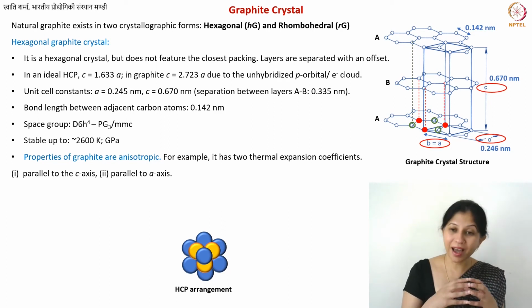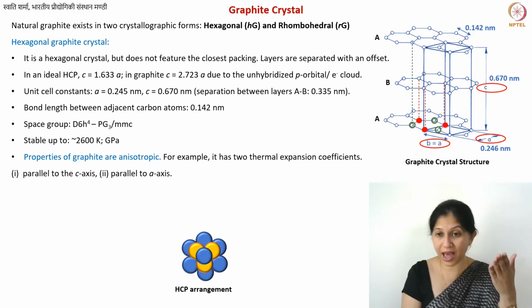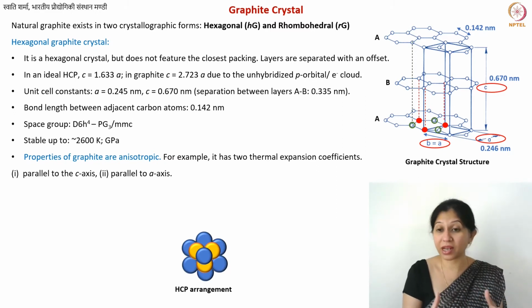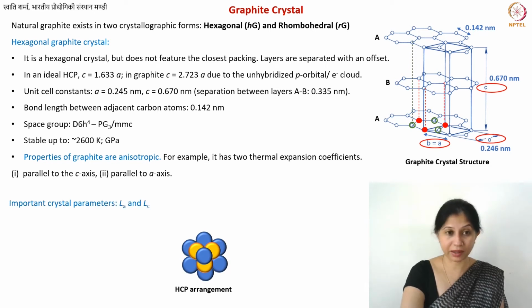You will always have difference between parallel to the C axis and parallel to the A axis of the crystal. So this is just an example that the thermal expansion coefficient is very much different in both of these directions. In general, this is a very interesting thing about graphite, that you have very high anisotropy, which means you have very different properties, parallel and perpendicular to the basal planes.